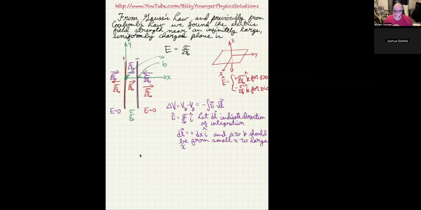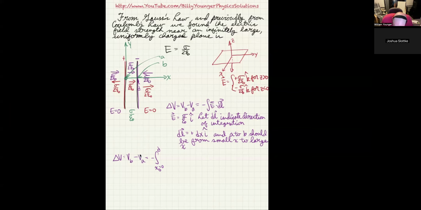Because once we've decided that the dl tells us the true direction, then we automatically just go in the positive coordinate direction for the other part, which in this case is a limit of integration. So I can now say that delta V, which is VB minus VA, is equal to the negative integral from x equals 0, and I'm going to call this little coordinate here d, to x equals d. That goes from small x to big x, just like we wanted.